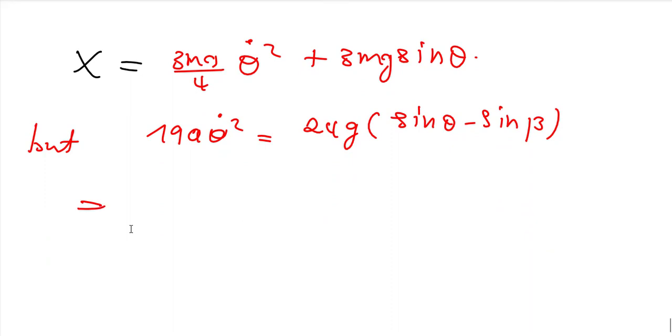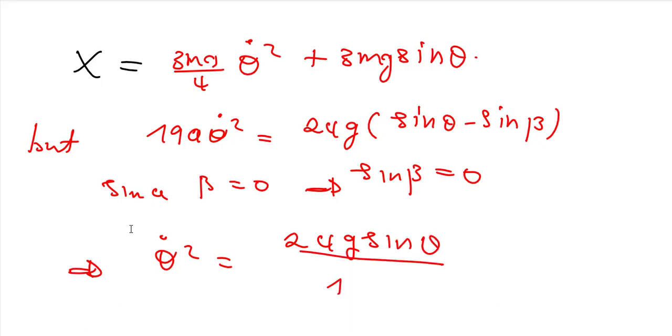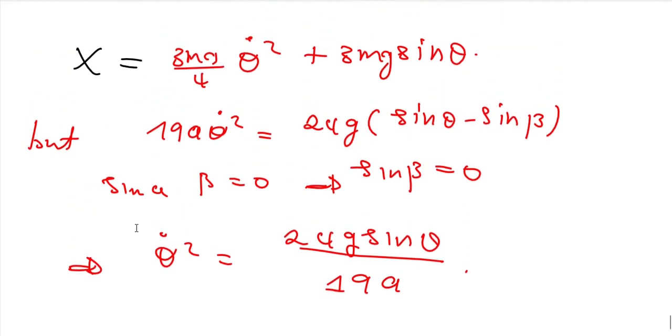So since beta equals 0, this implies that sine beta will be equal to 0. So it gives us theta dot square to be equal to 24g sine theta divided by 19a. So I will replace in x.